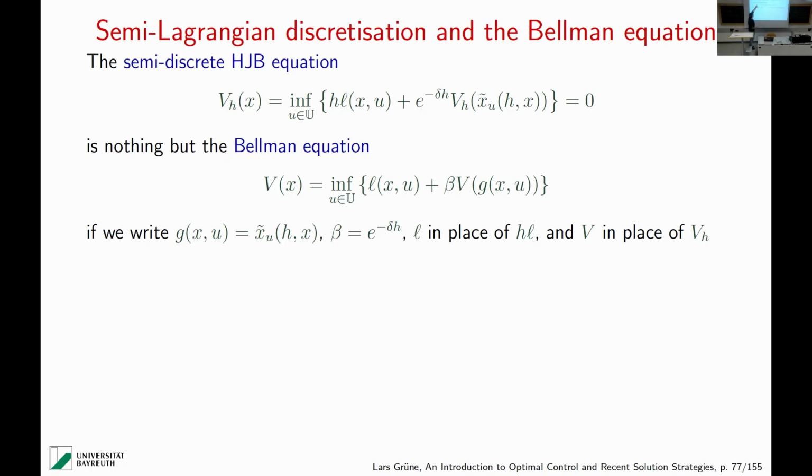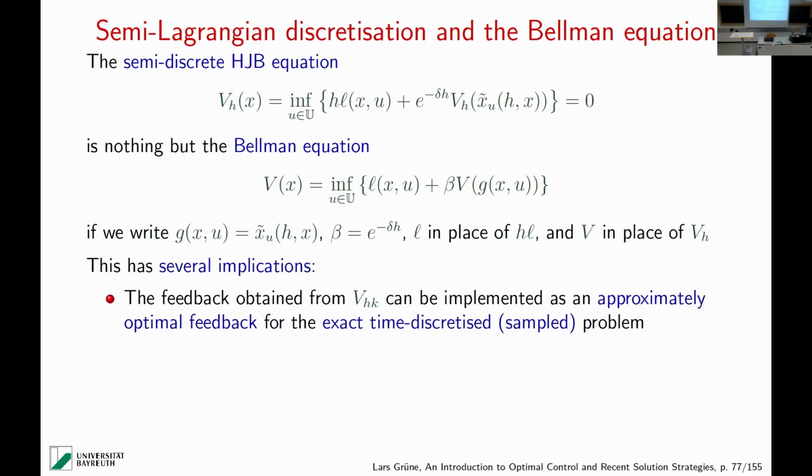If we simplify notation, instead of VH we write V again, instead of HL we write L, instead of e to the minus delta H we write beta, and instead of this numerical solution we just write G. Then what we end up with is exactly that. So this semi-Lagrangian discretization first converts the Hamilton-Jacobi-Bellman equation into a Bellman equation, and then tries to solve that with traditional approximation techniques.